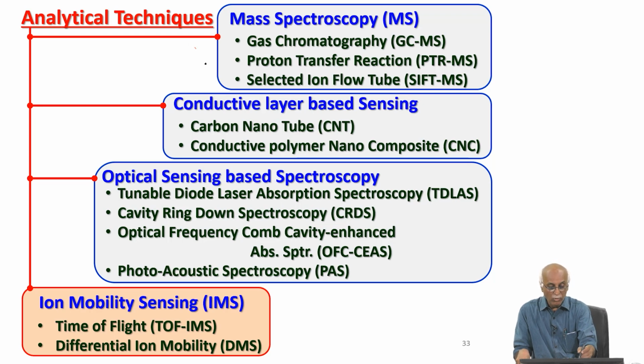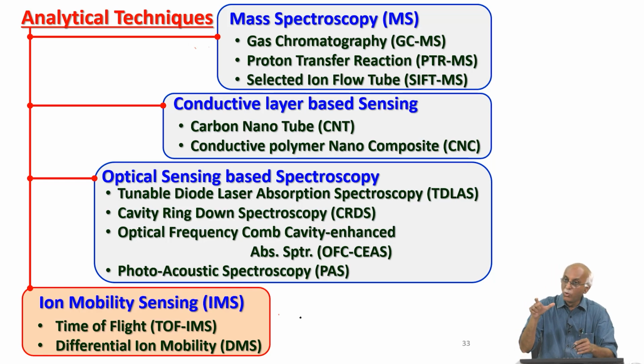So, the ion mobility approach is also capturing a lot of this. Its application is increasing to capture trace gases. Very small compact such sensors are also being developed.